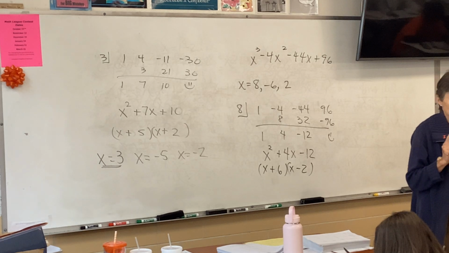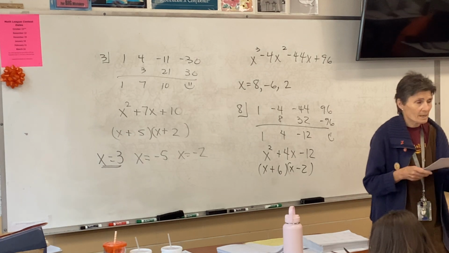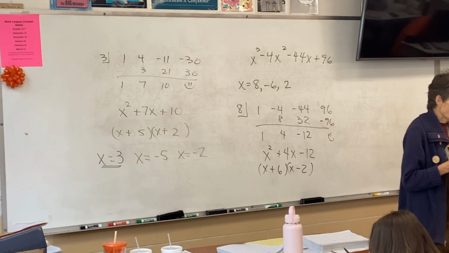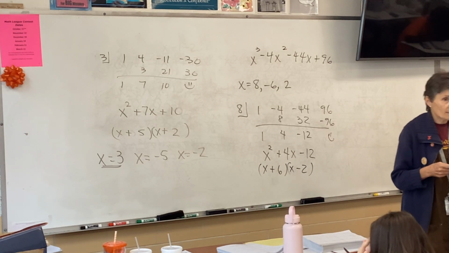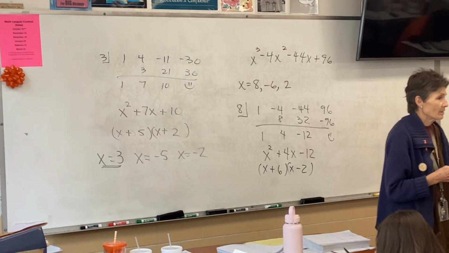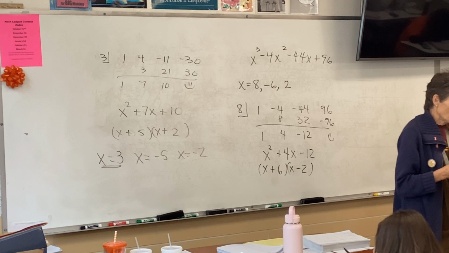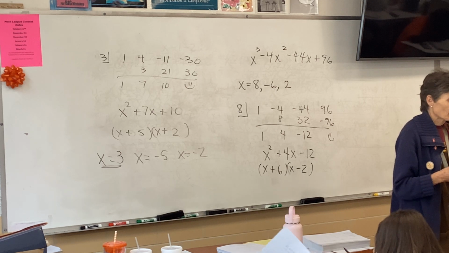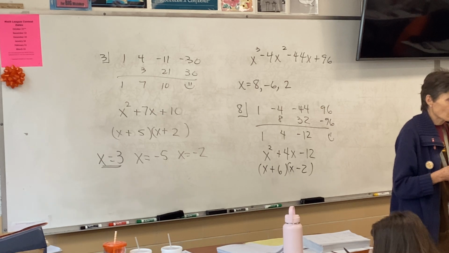Now B is a no, because we are not allowed to have a variable in the denominator. C is a no, because we're not allowed to have a variable under the radical. D is a yes. It breaks no rules.